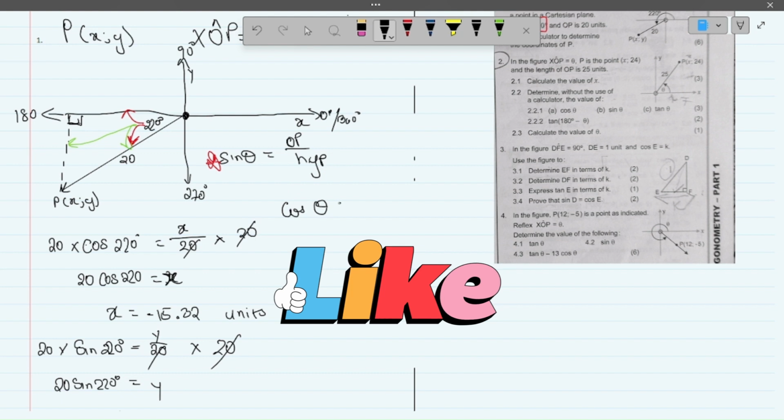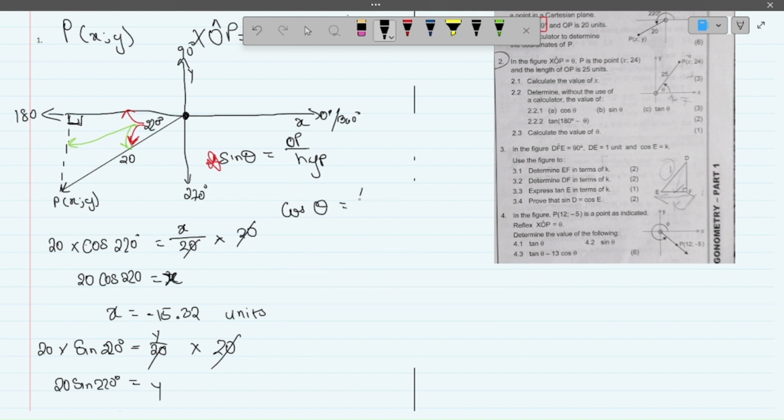You need to understand that cos of an angle is equal to adjacent over hypotenuse. And tan of an angle would be opposite over adjacent.